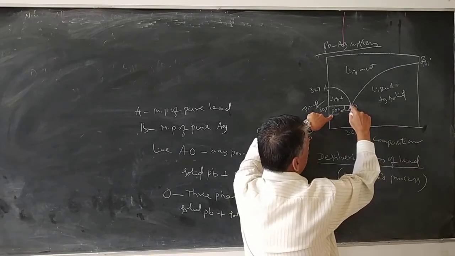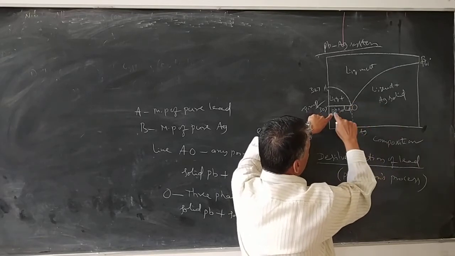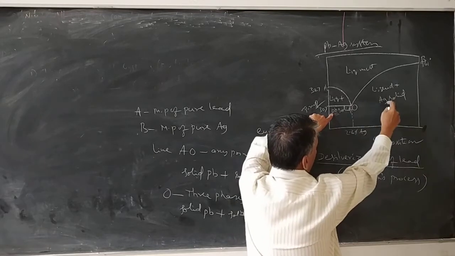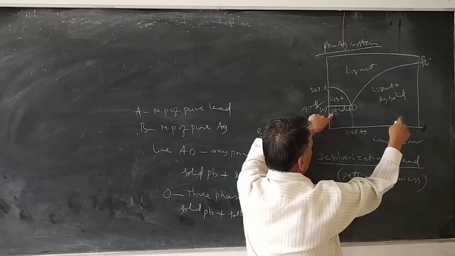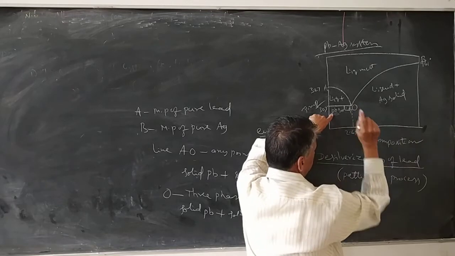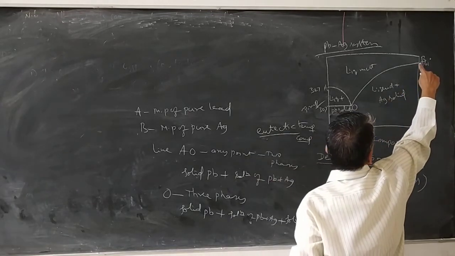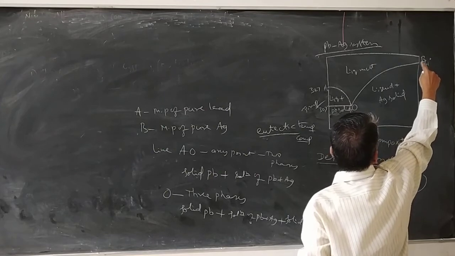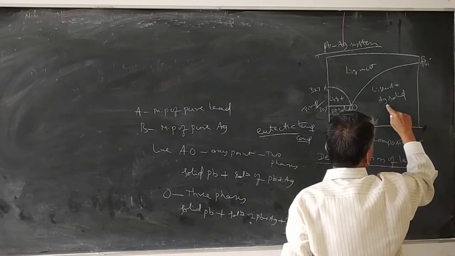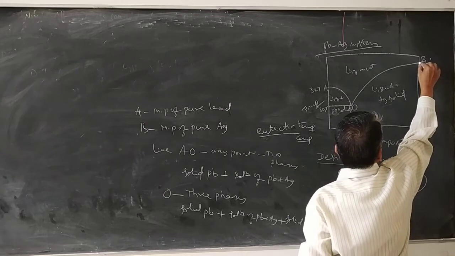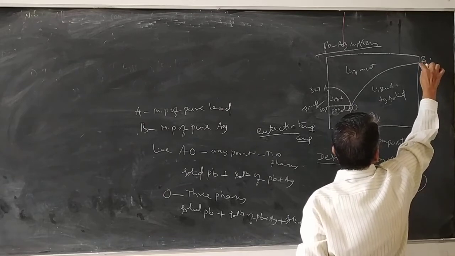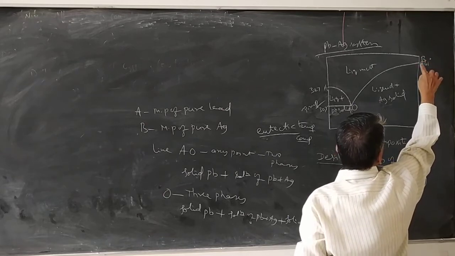At point O, we have three phases: solid lead, solid silver, and the solution of silver and lead. Coming to this point also, same thing. At point B, it is the melting point of pure solid silver, as I told you. So here only one phase.